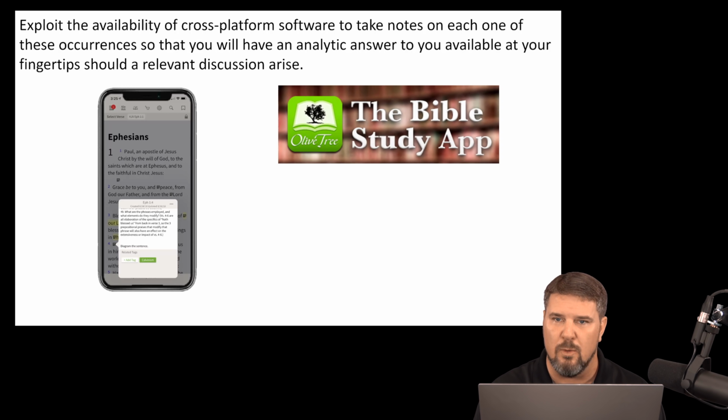On my phone or my iPad or my computer, all my notes and highlights and underlines sync across all my devices. If you don't have anything like that, I recommend you get Olive Tree Bible Software so that at least you can capture your own notes in a systematic way like this.